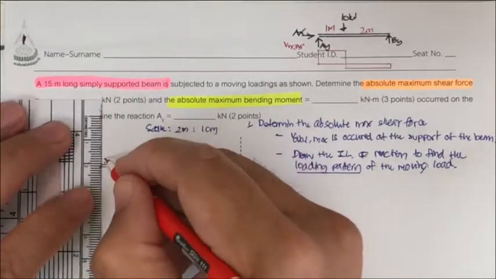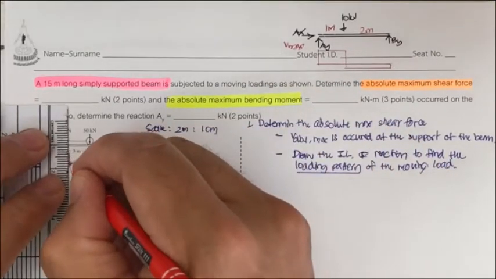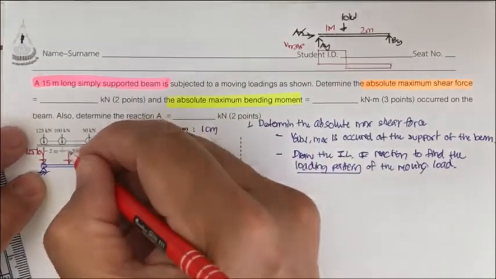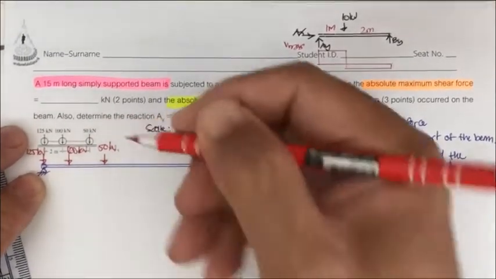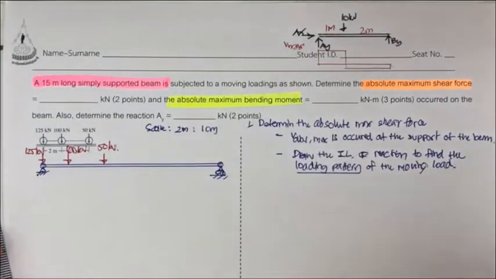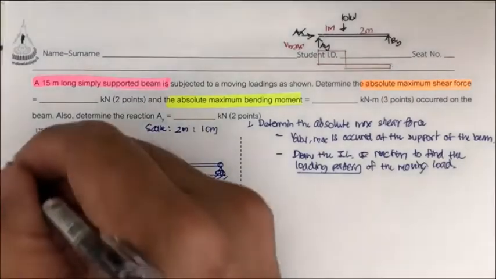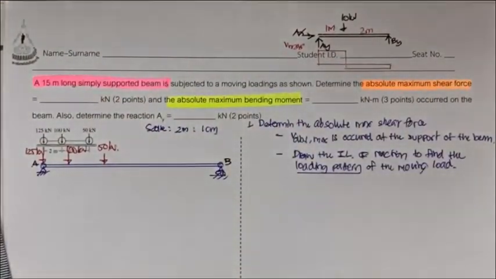Then you have the loading on this beam, drawn to scale. So the loading is put onto this beam like this, and you will consider the case that produces the maximum shear force, and since it occurs at the support, it's going to be the absolute maximum shear force.